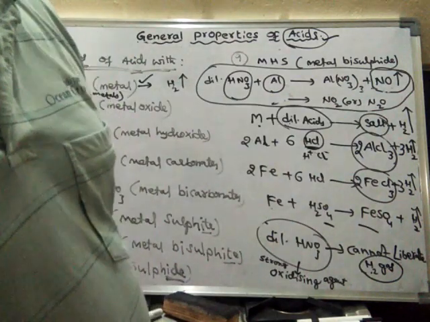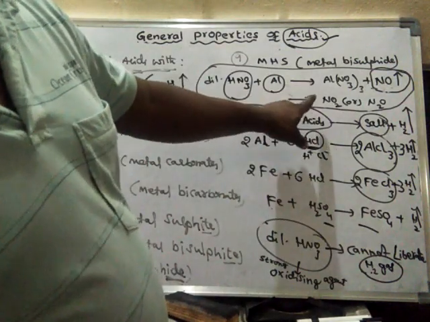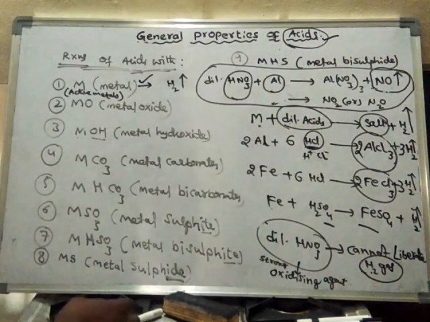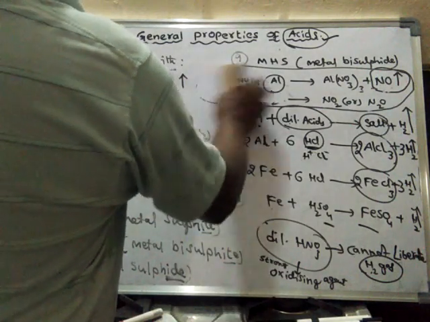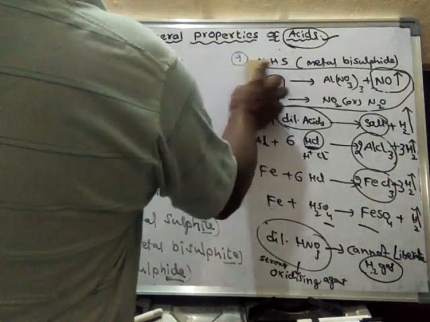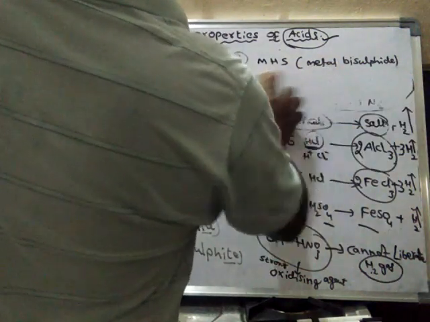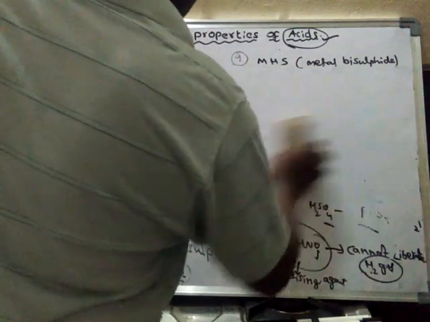Remember, right now this is about the action of dilute acids on the metals.